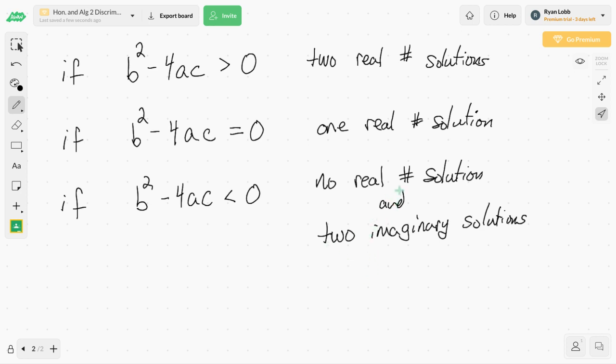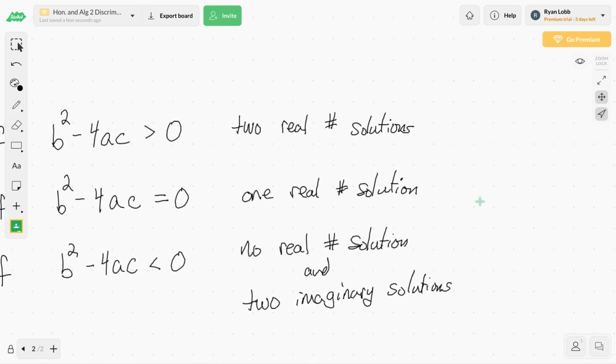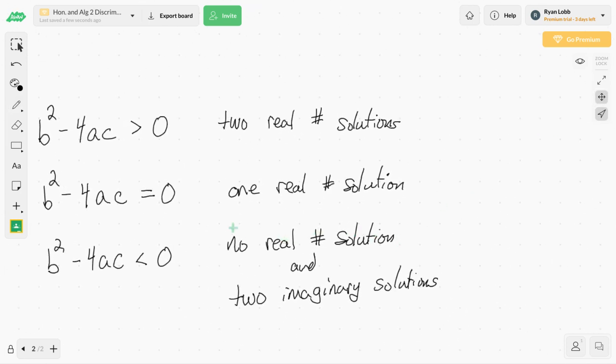Now, if we look at the graph right next to those, what does this mean graphically? Keep in mind, we're trying to find what x values, when I replace in here, will be equal to 0.